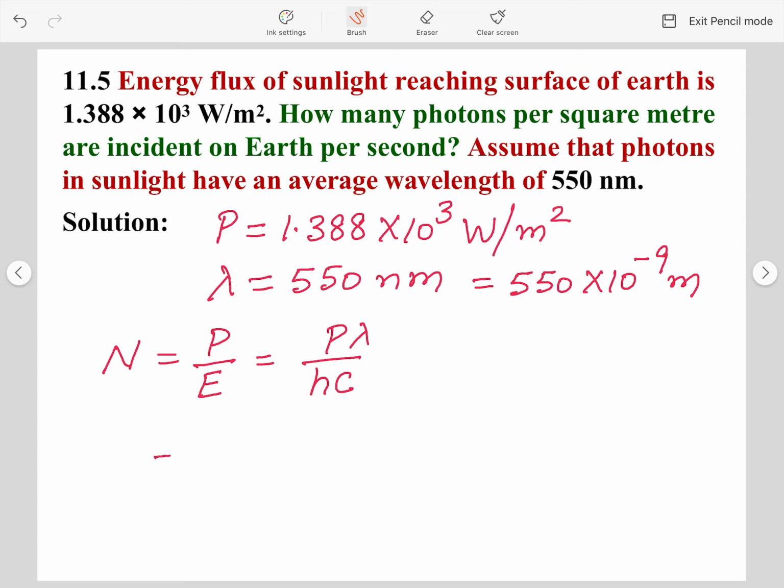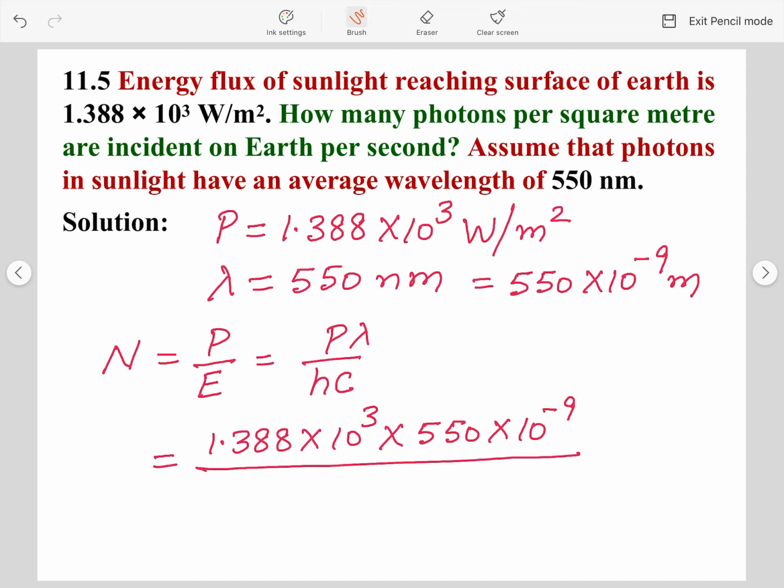Just put the values. What is P? 1.388 into 10 raised to power 3 multiplied by lambda 550 into 10 raised to power minus 9, divided by h 6.63 or 6.62 into 10 raised to power minus 34 into c 3 into 10 raised to power 8.